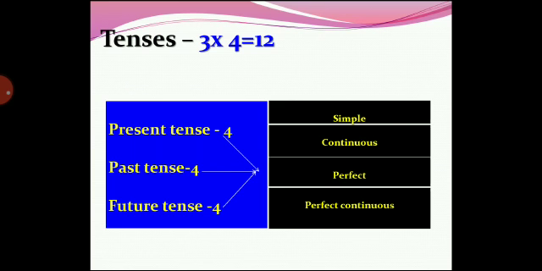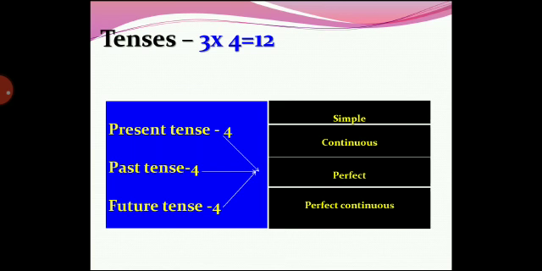Now see that present tense, there are 4, past tense 4 are there, future tense 4 are there. So how are these 4 applicable: simple, continuous, perfect, perfect continuous? If I take present tense, how will I use them? See, simple present, present continuous, present perfect, present perfect continuous.